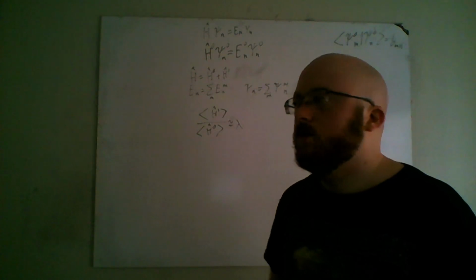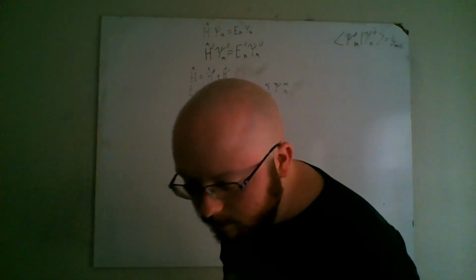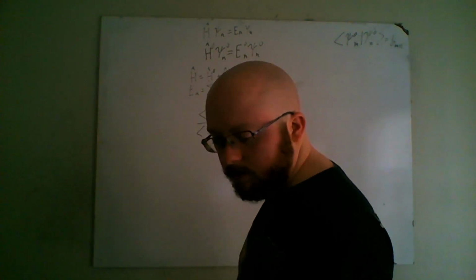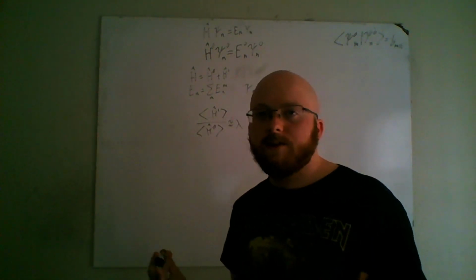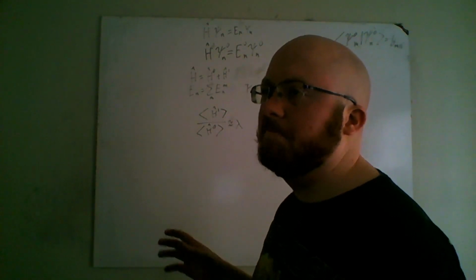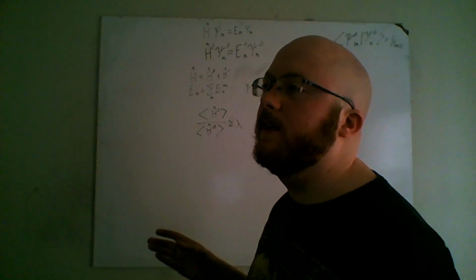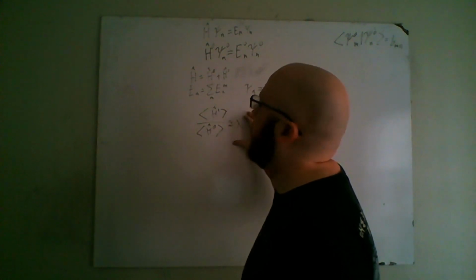Now, it could vary from term to term. I don't really care too much, but it's going to be around the same value in general, or you can make it around the same value. It's not too much of a big deal. So I'm going to introduce this lambda, and this lambda is going to mean something. It's not going to be 1 over 0, right?